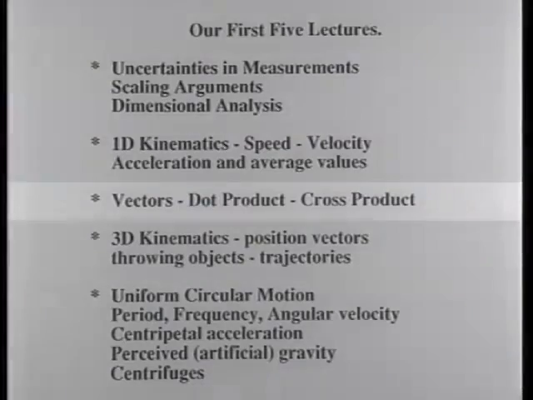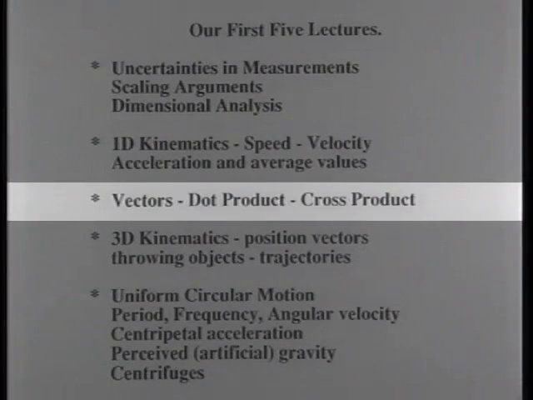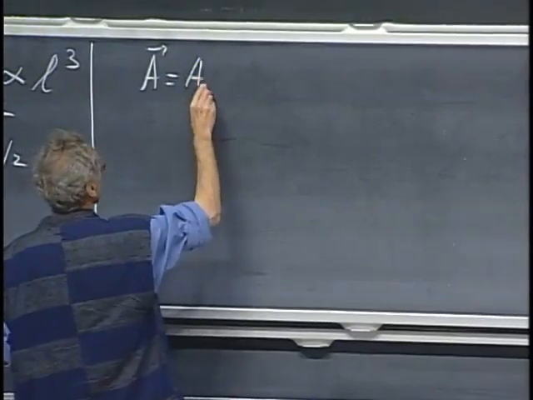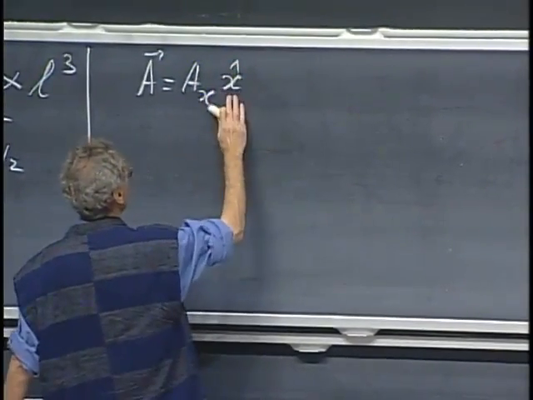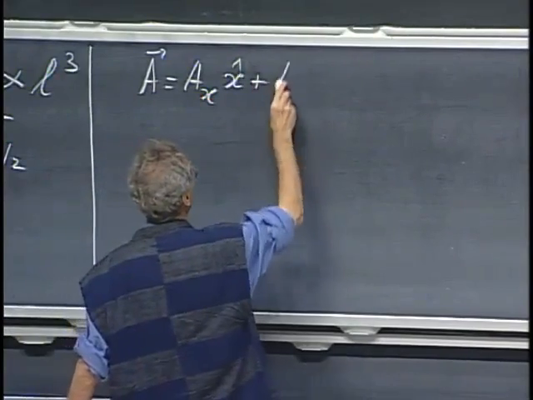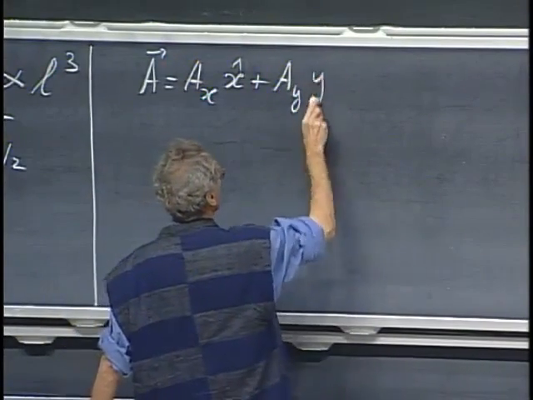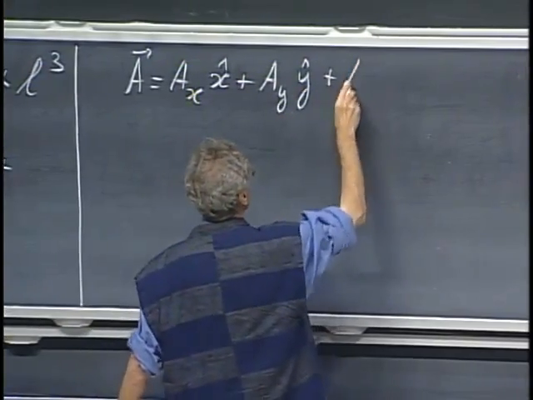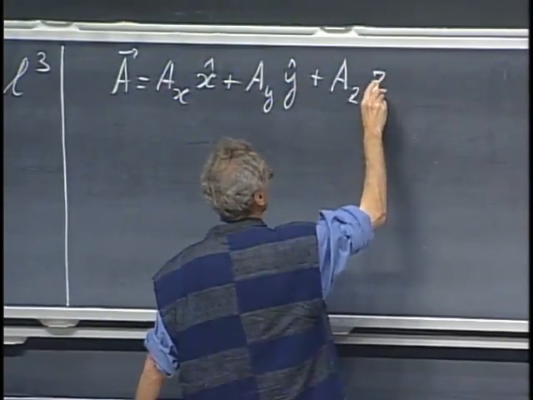And let's now talk about dot products. I scan a little bit in a random way over my topics. I have a vector A, Ax times x roof, which is the unit vector in the x direction, plus Ay y roof, plus Az z roof.